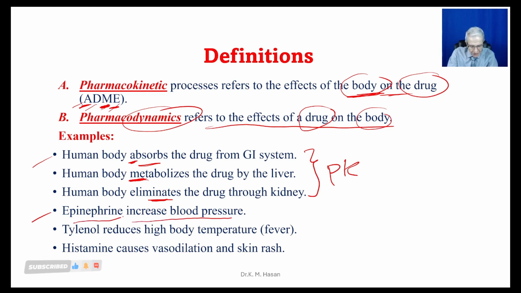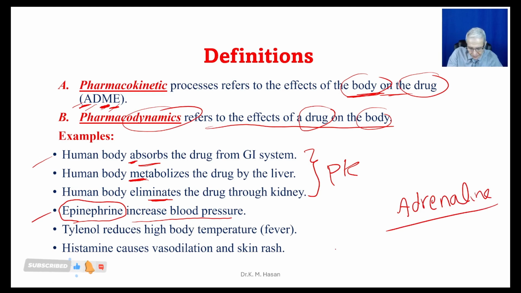Epinephrine increases blood pressure, another name for epinephrine is adrenaline. Okay, Tylenol, acetaminophen. Tylenol reduces fever, Tylenol reduces high temperature. This is the effect of medication on the human body. Histamine causes vasodilation and skin rash. So the last three are considered pharmacodynamic.